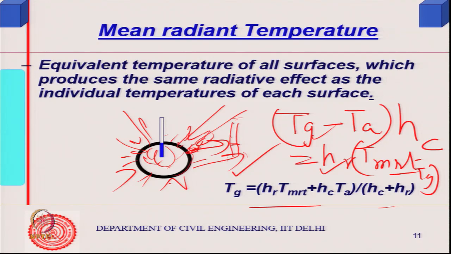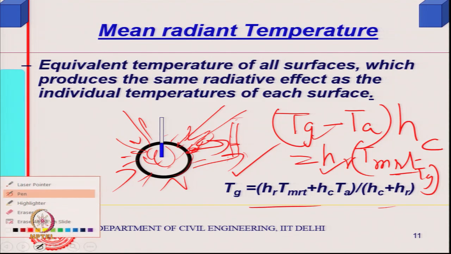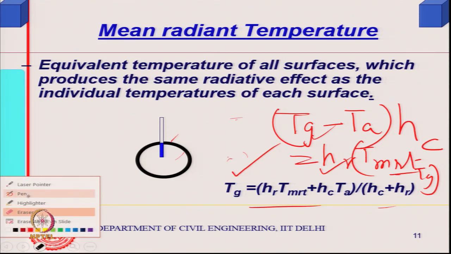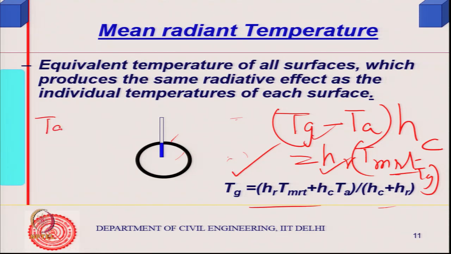I am not sure whether I have derived it. So, let me remove this now, this explanation is over. This is the kind of equation that is there. So, from this, Hc into (Tg minus Ta) equals Hr into (T MRT minus Tg).